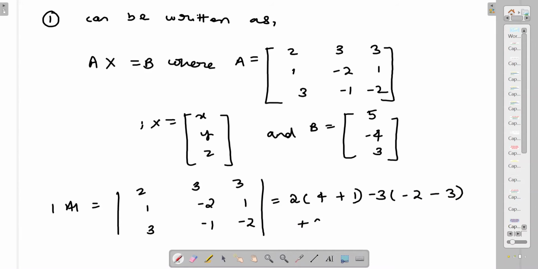Then plus 3 times, minus 1 times 1 is minus 1, and minus of 3 times minus 2 is minus 6, so minus minus plus 6, right?